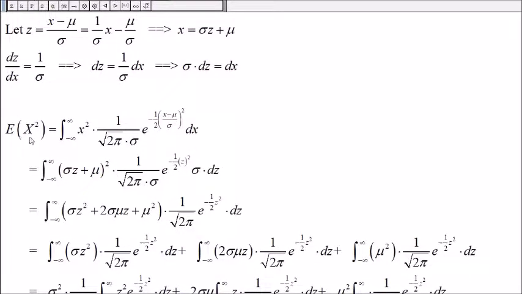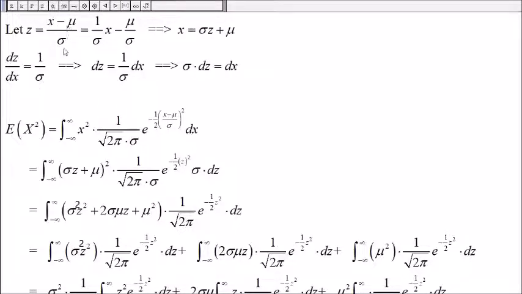The expected value of X squared will be the integral of X squared times this. X is sigma z plus mu, so in the place of x we have sigma z plus mu.